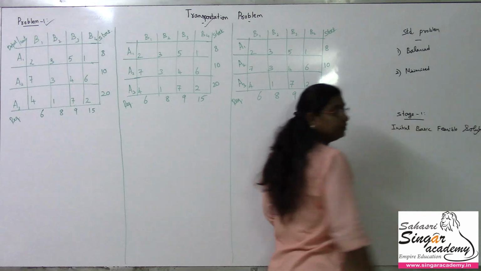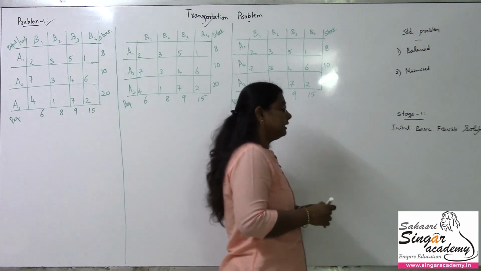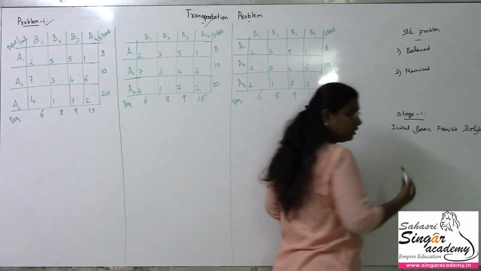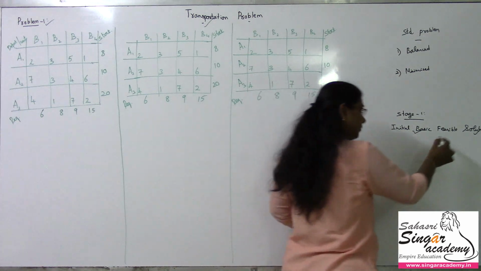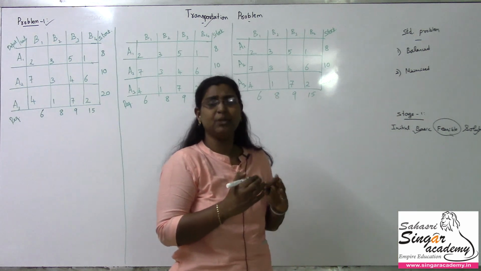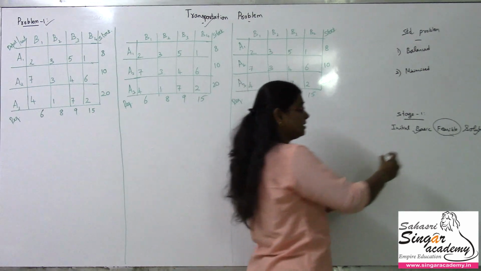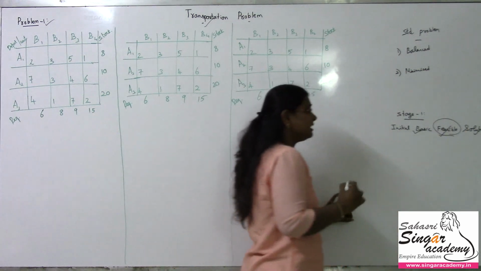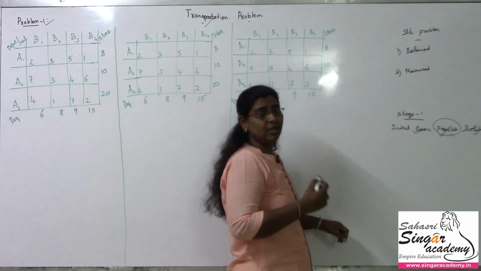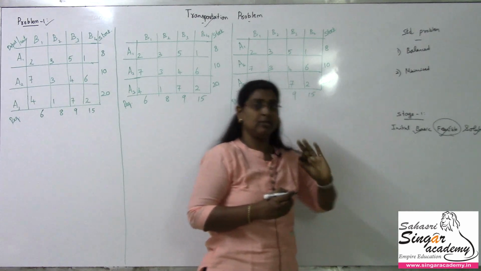Our intention is to find the optimal solution, but the initial basic solution need not be optimal. It may be feasible, in the sense that it satisfies all the constraints, but still in this first stage the solution may not be optimal. So in the first stage we find only the initial basic feasible solution.